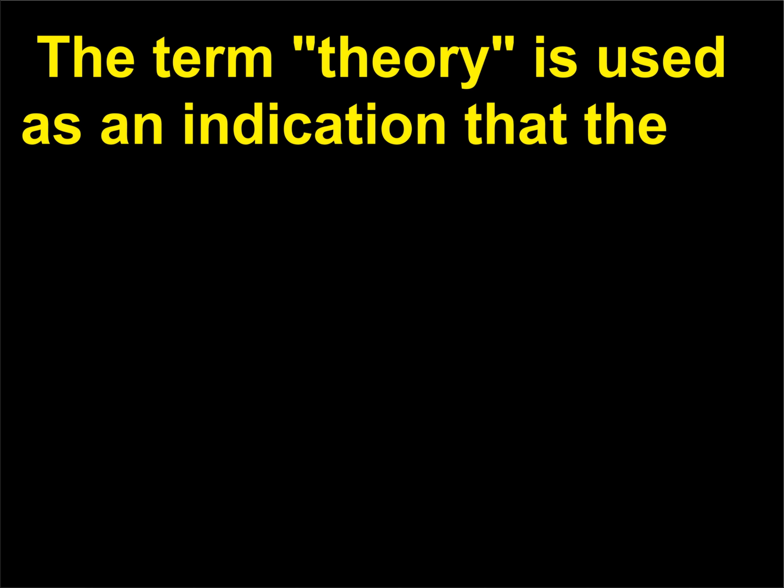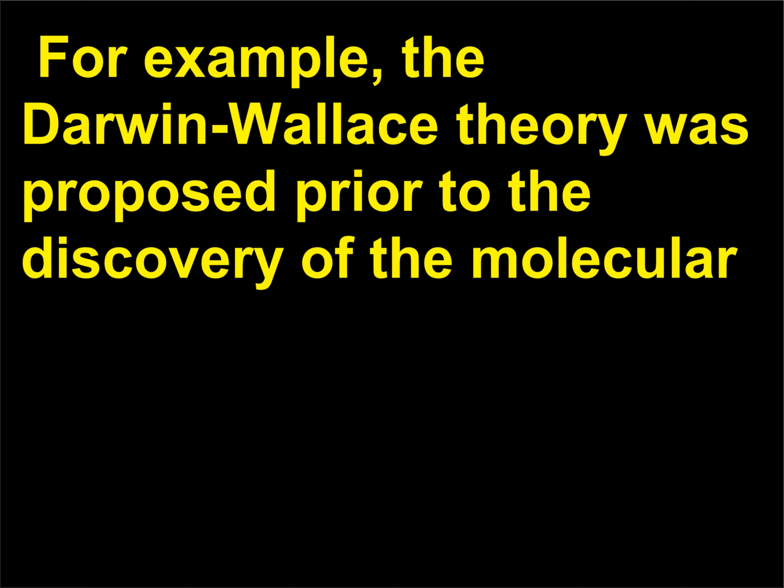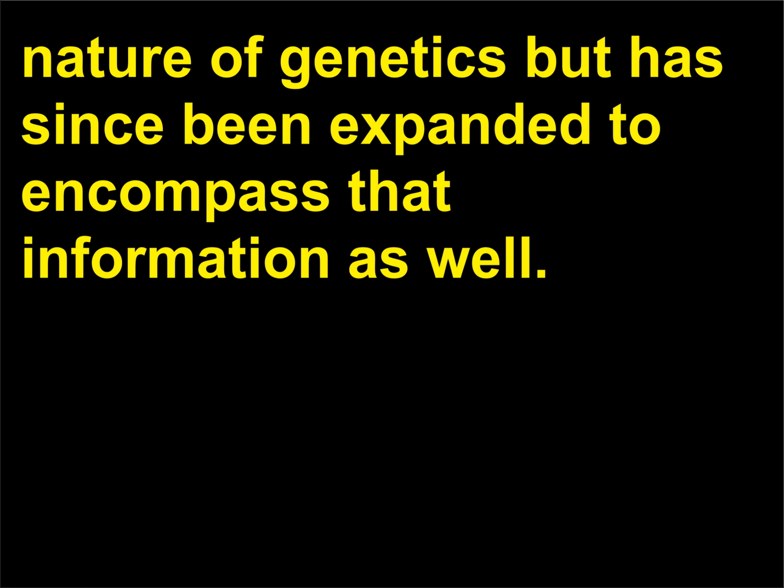The term theory is used as an indication that the explanation will be modified as new data becomes available. For example, the Darwin-Wallace theory was proposed prior to the discovery of the molecular nature of genetics but has since been expanded to encompass that information as well.